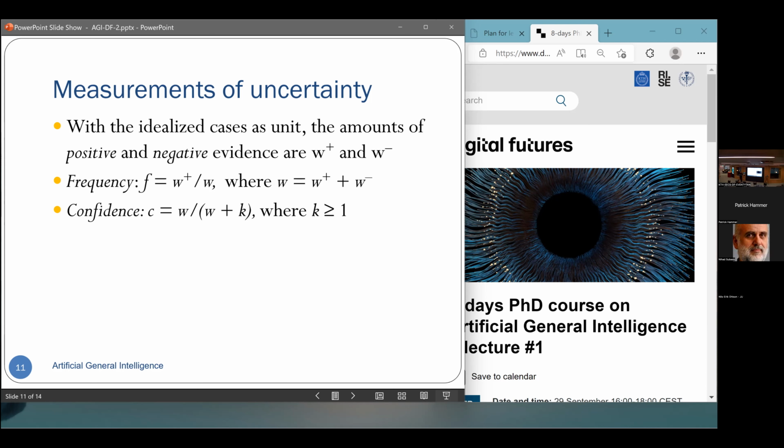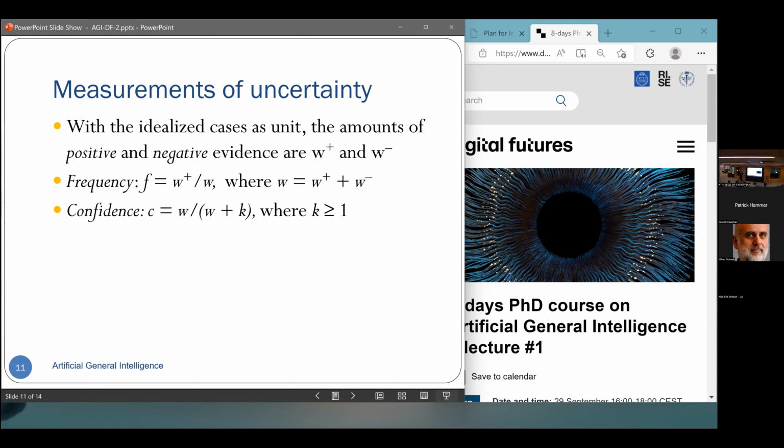Okay, what is that supposed to mean? Here, the intuitive idea is actually very simple. There is another uncertainty besides the first one. The frequency captures the relative ratio of positive versus negative. That's very clear. The second one captures the intuition about how much you know about this.